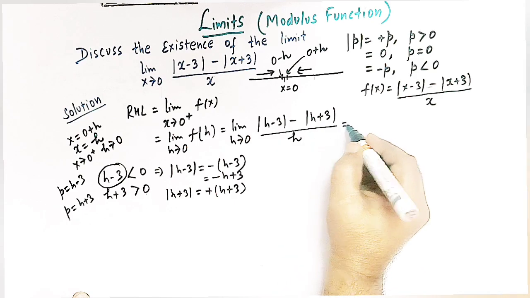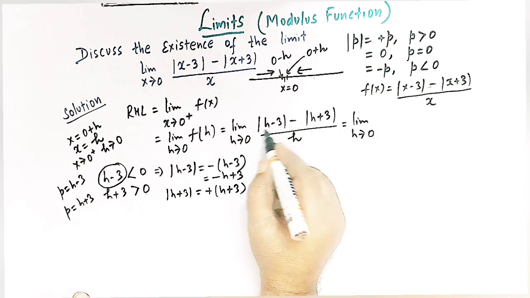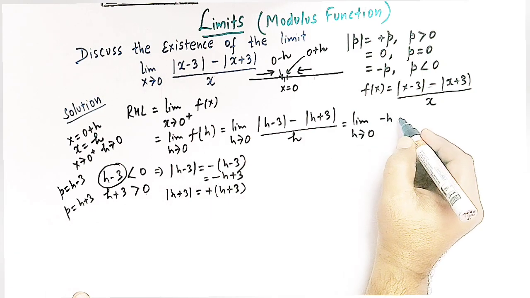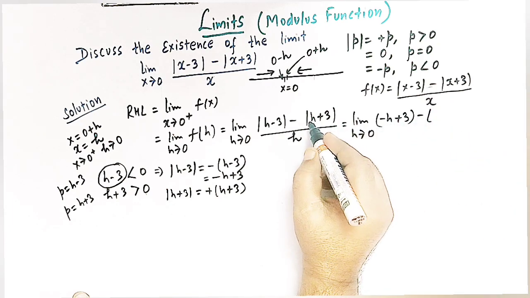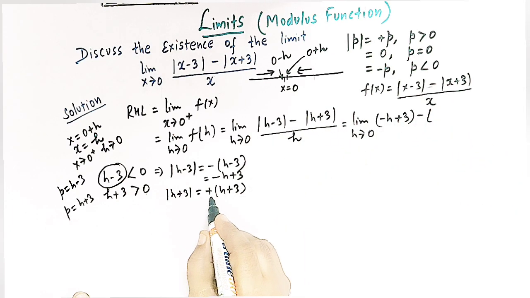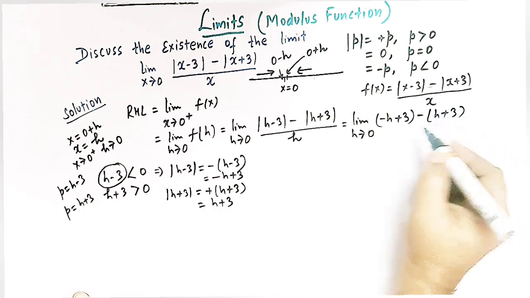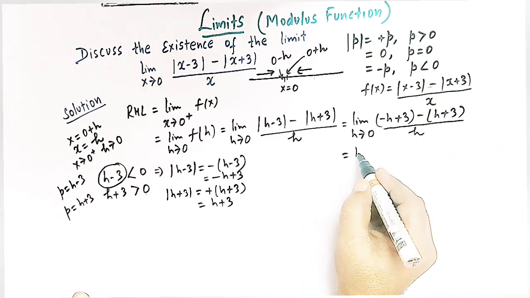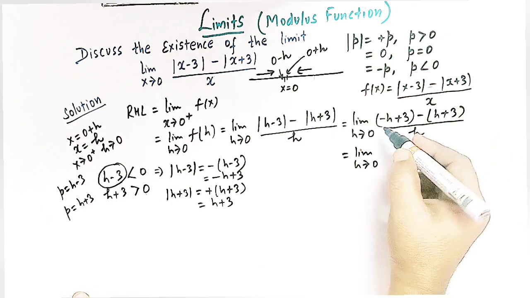So now this limit takes the form limit h tends to 0, mod of h minus 3 is minus h plus 3, and mod of h plus 3 is equal to positive h plus 3, which is simply h plus 3, and in the denominator we have h. Now we can simplify the numerator.